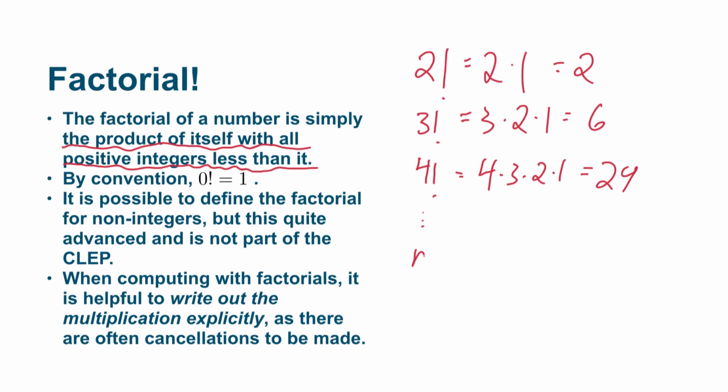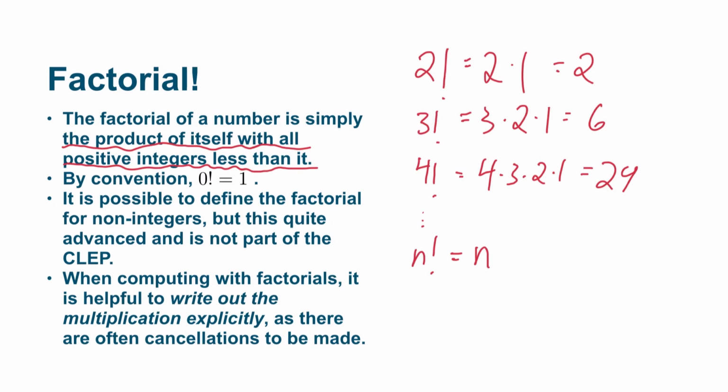In general, for any integer n, I can write n factorial as n times n minus 1 times n minus 2, and I repeat this process down to 2 times 1.